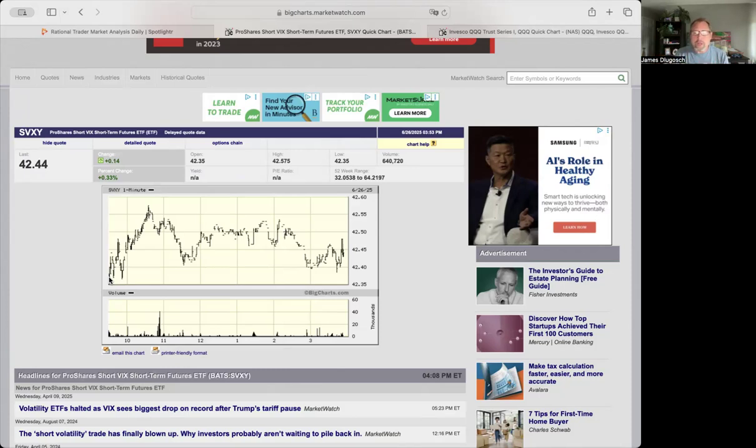So I was really looking for a 30 basis point gain today. That put my target at 42.50. And you can see here, in the first hour of trading we got a little bit above that, and I exited the trade at 42.52 for a nice gain of 35 basis points.